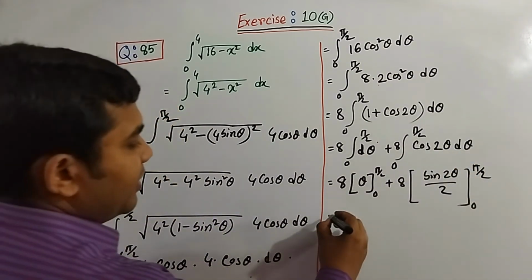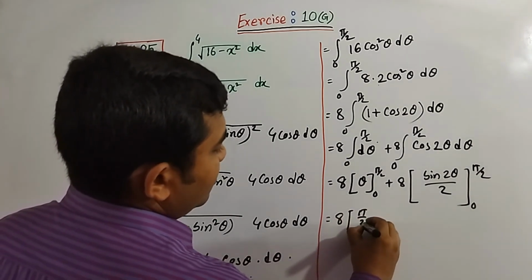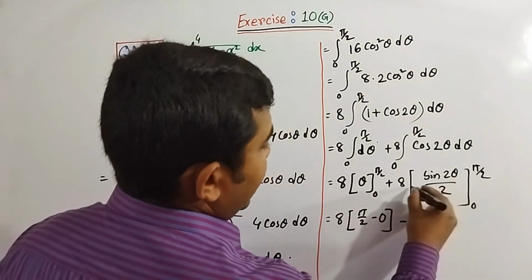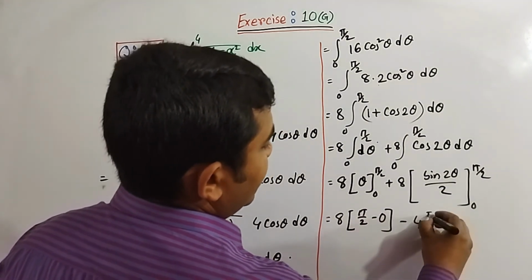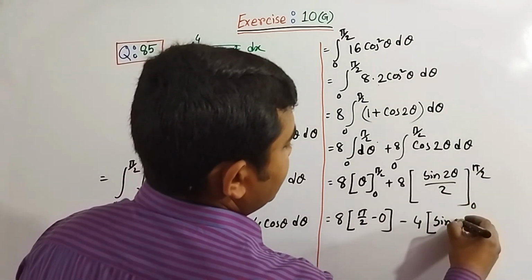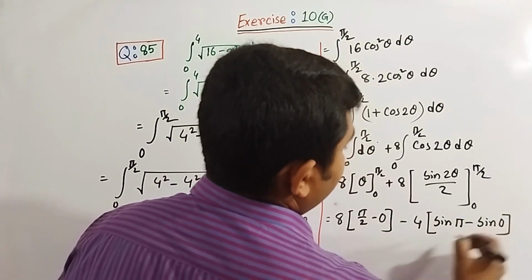Okay, after putting in the values, we get 8 into pi by 2 minus 0 minus 8 over 2, it is 4, and sine theta with theta equal to pi by 2, it is only sine pi, minus sine 0.